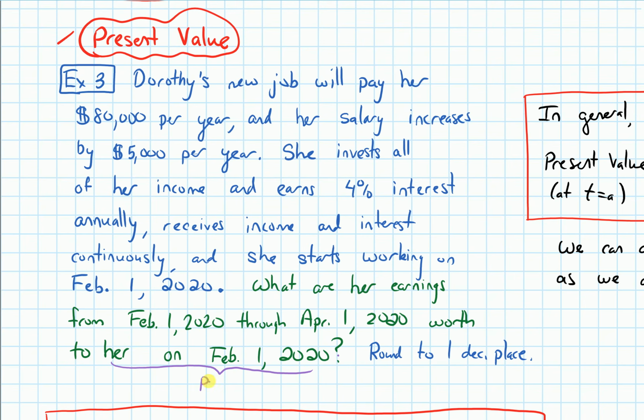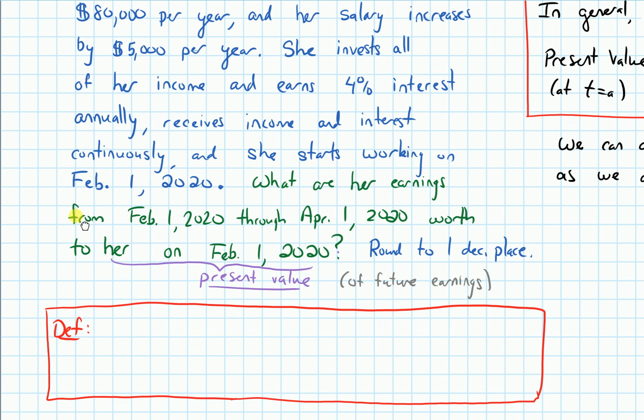So we call this a present value, the present value of future earnings. It's asking how much would these future earnings be worth to her now? All right, so how do we measure that?